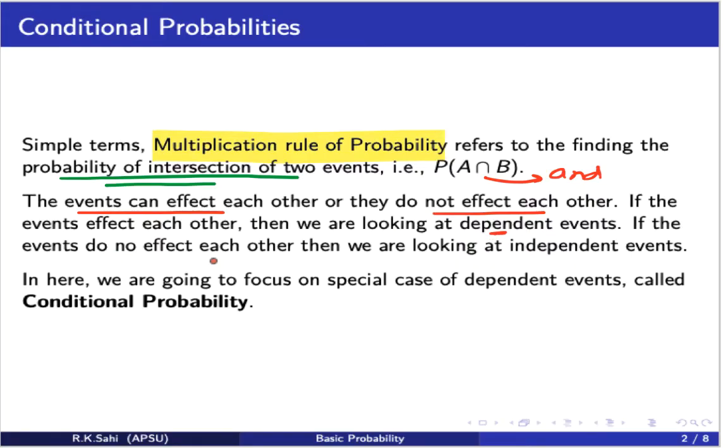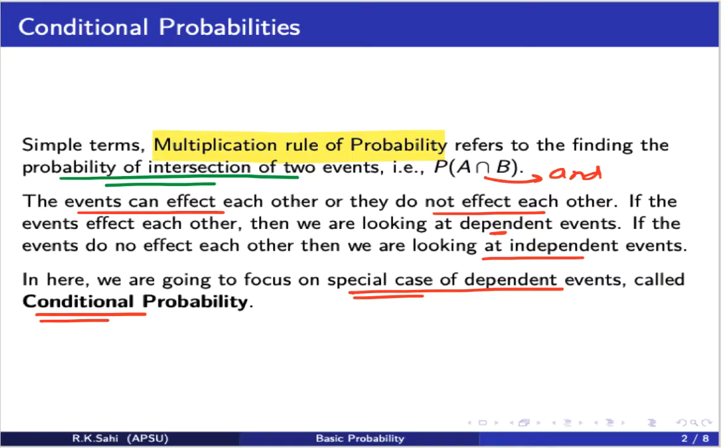But if the events do not affect each other, we are looking at independent events. In this video, we are going to focus on a very special case of dependent events called conditional probability.